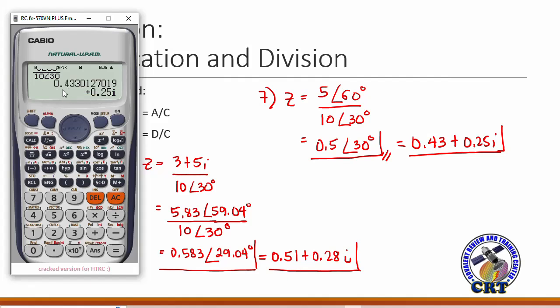Our answer in calculator, 0.43 plus 0.25i. The same with our conventional solution. Convert to polar, press shift 2, 3, and equal sign. The answer is 0.5 angle of 30 degrees. Okay?